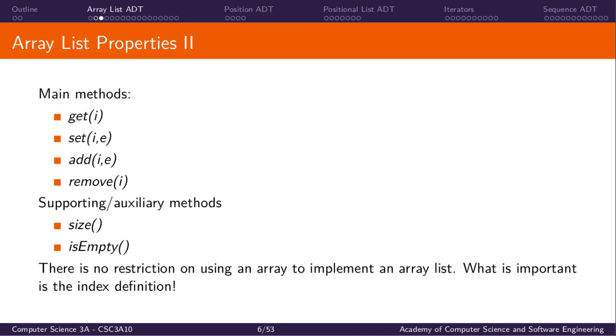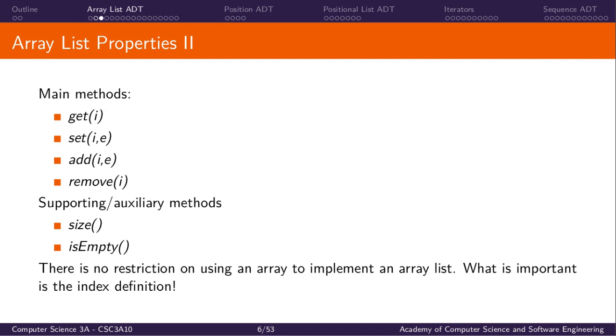All right. So there's no restriction on using an array to implement an array list. What is important is the index definition. All right, so understand that although we're using this concept of an index, which comes from arrays, an array list is simply a list as we understood it before, with the concept of an index added to that.